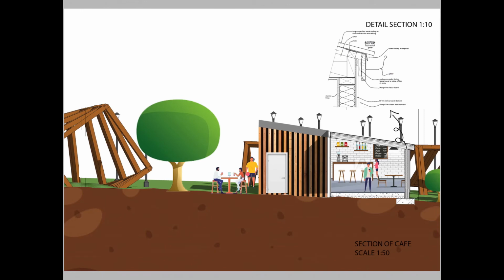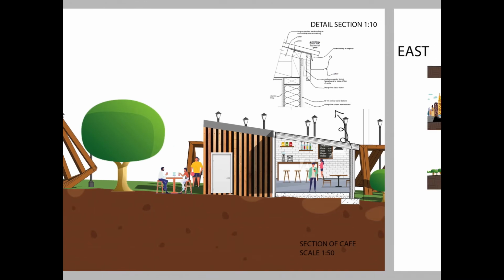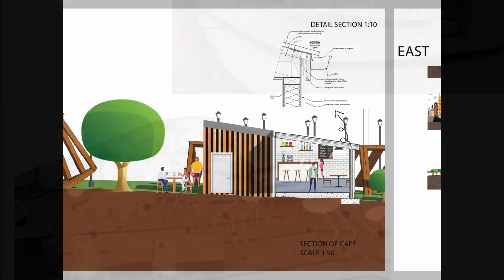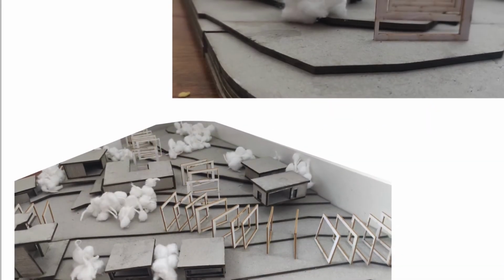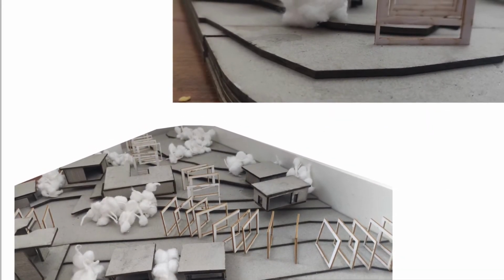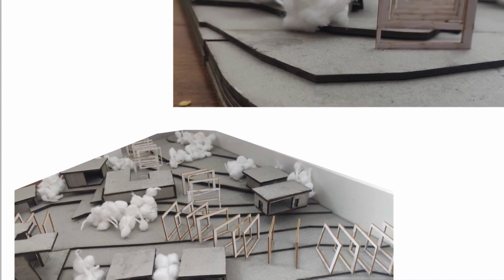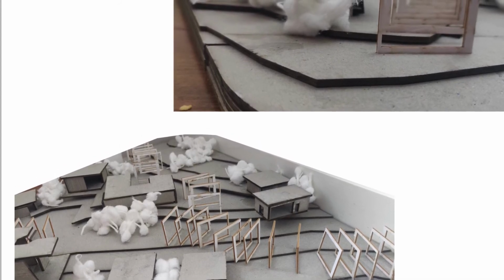And this is the section of the cafe showing the materiality of timber and the timber detail that I have designed. And this is the model that I made by using cotton buds and some laser cut cardboards.